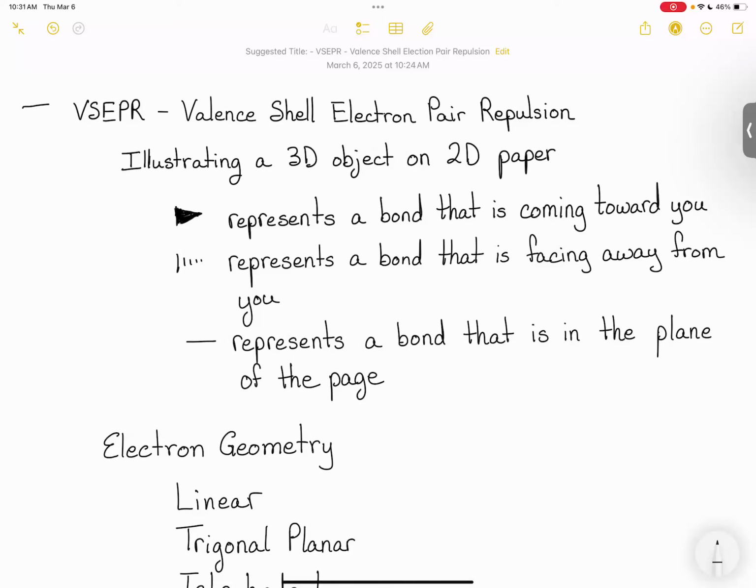This is how we illustrate something that is 3D in a 2D form, which you will notice I use in the diagram that you have printed.